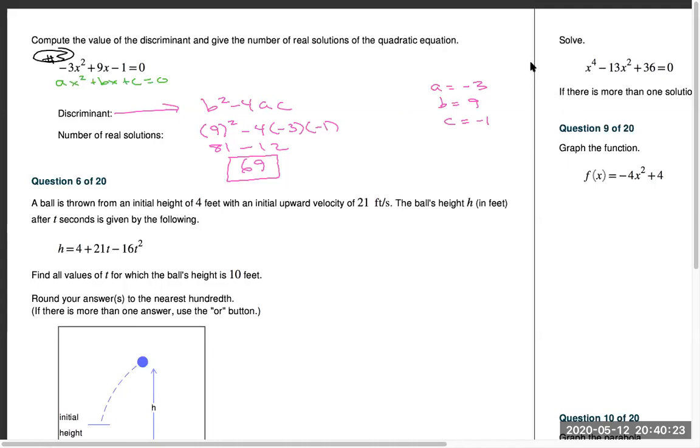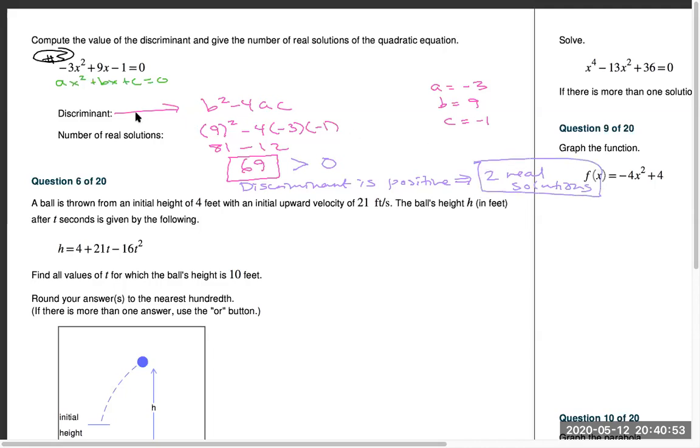And then for the real solutions, we have to figure out, well, what's the relationship between 69 and 0? Well, 69 is greater than 0, which means your discriminant is positive, which means you have two real solutions.